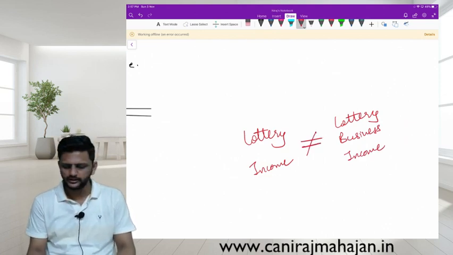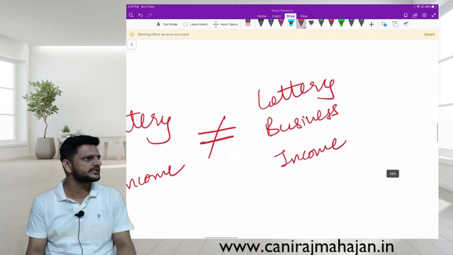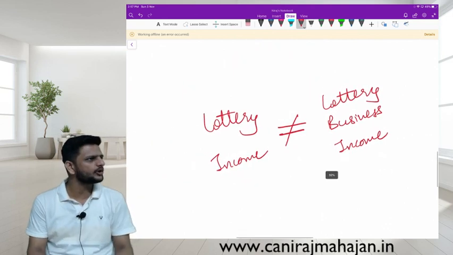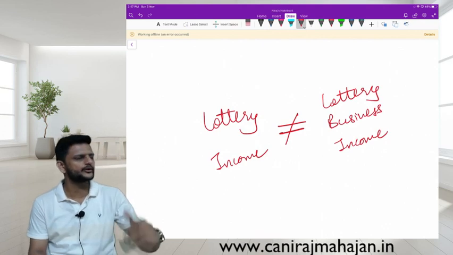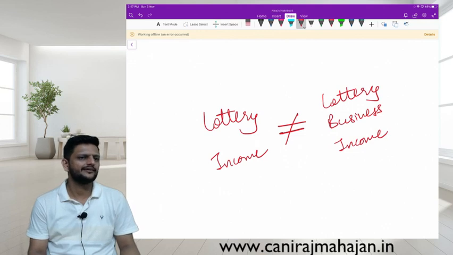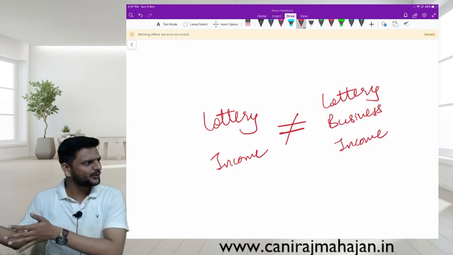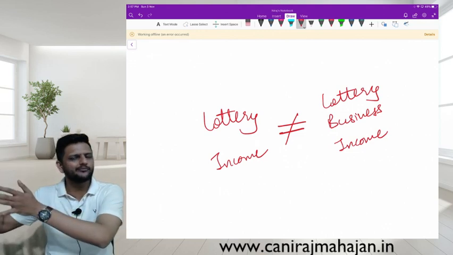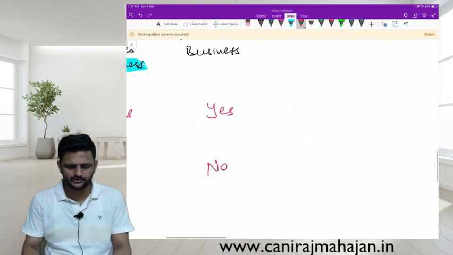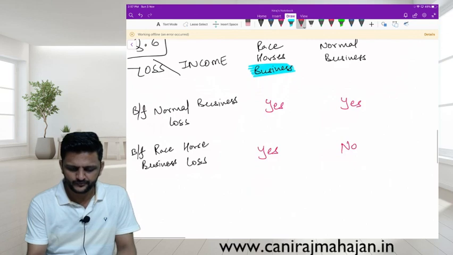One person is the owner of the lottery business, and the other is only winning that lottery income. It is just like KBC. You win in KBC, you don't own the KBC. KBC producers own the KBC show. They earn income maybe from viewership and royalty. Yes, it is similar. Got it? So computation.